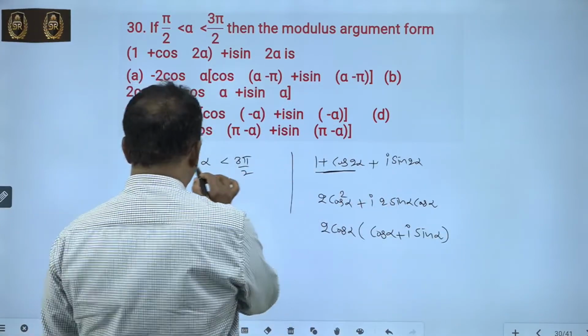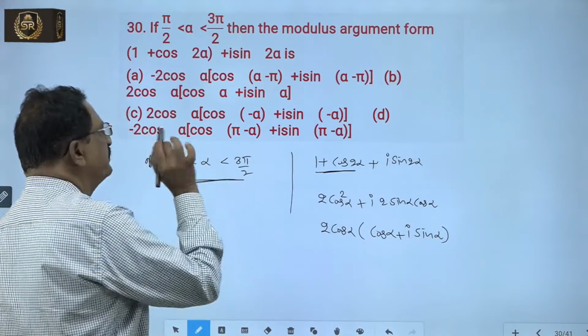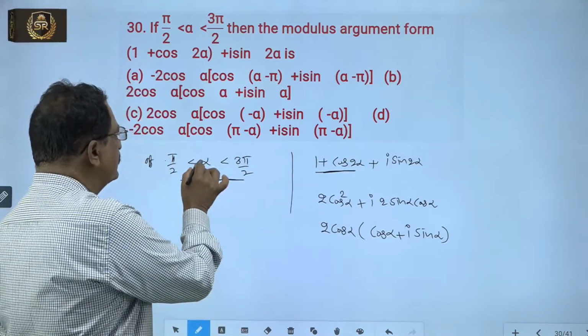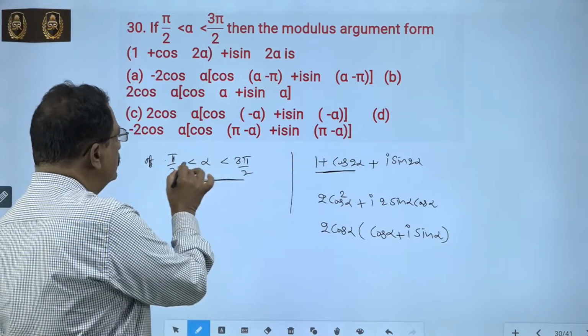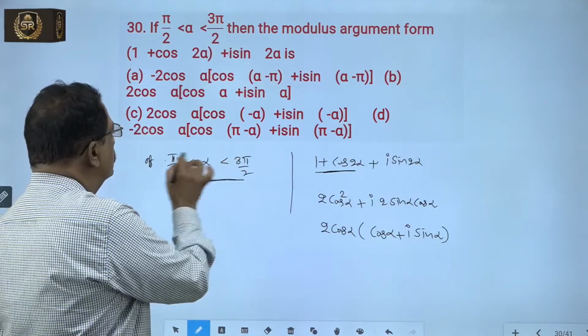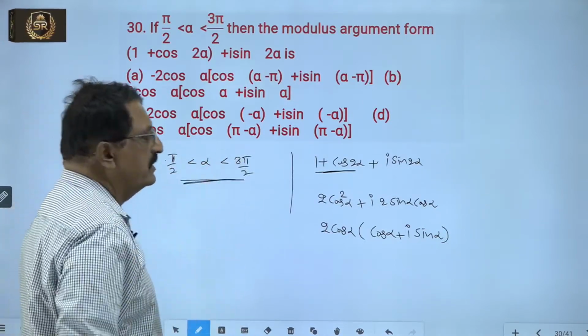But here, given alpha lies in the second and third quadrants.